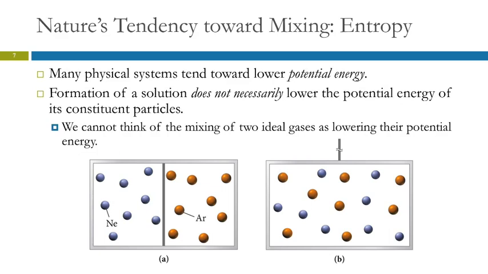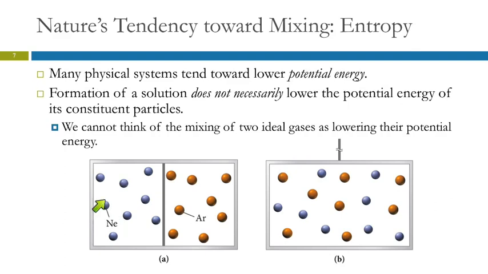So the tendency towards mixing, we need another quantity to measure here, and that's entropy. So we know that physical systems tend toward lower potential energy. We know that a ball will roll down the hill, not up the hill.